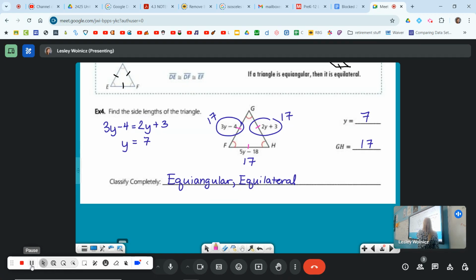Okay, so we also know that it's isosceles, which is less specific, but if it was like a select all situation, we could also select isosceles because that's true.